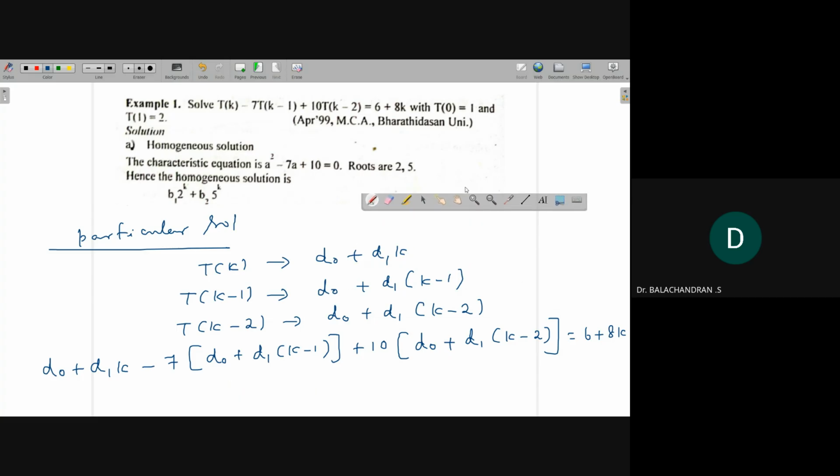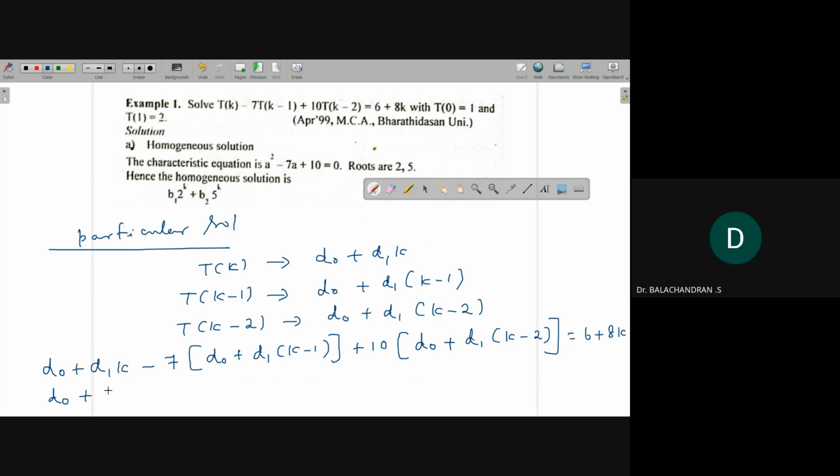Now simplify and write the left hand side. Collect the constant terms, the terms without k, and the terms which contain k separately. Then only you can compare the constant term and the coefficient of k.